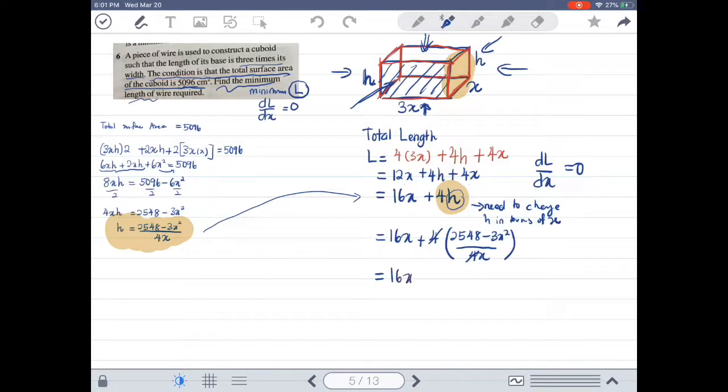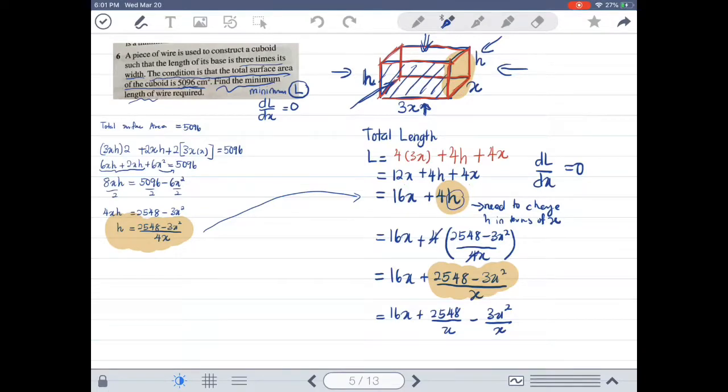Becomes 16x plus 2548 minus 3x squared, divided by x. And we can separate this part here. Becomes 16x plus 2548 over x minus 3x squared over x.